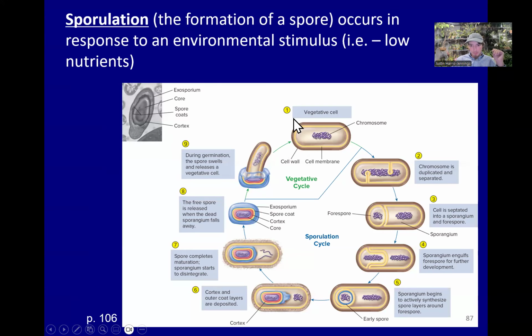The bacteria will duplicate its DNA and then section it off and start to form up the layers of this endospore. And then it'll start to desiccate it until it's fully mature.